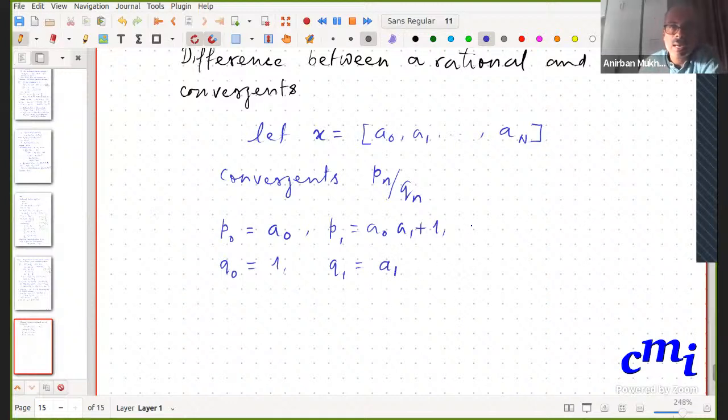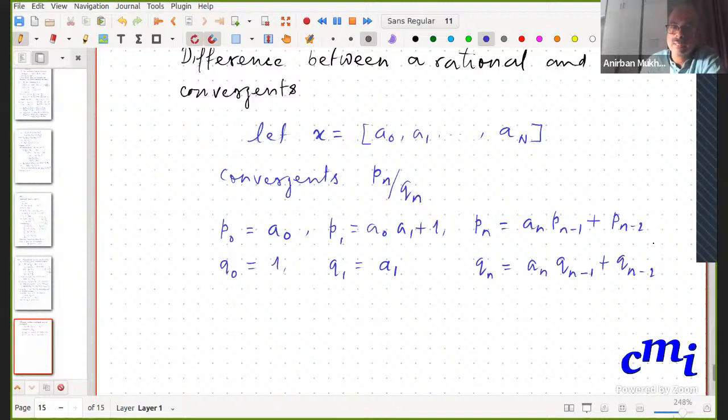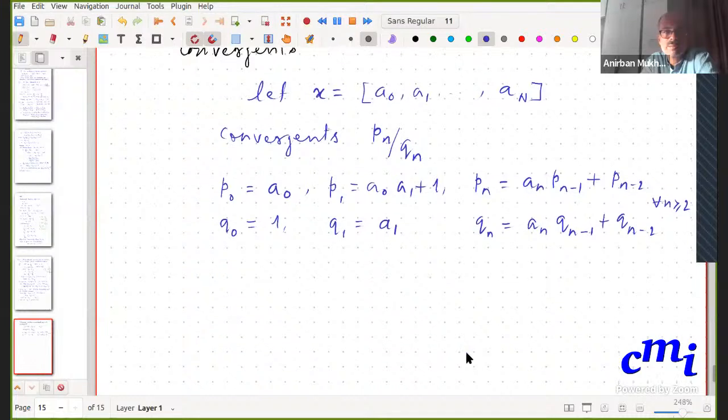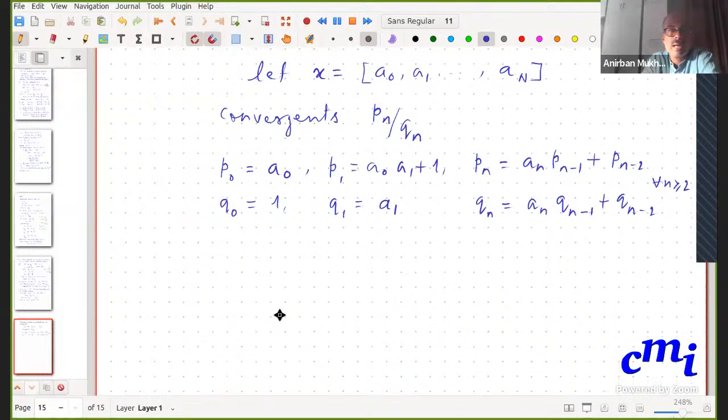Q1 was A1 and Pn is An Pn minus 1 plus Pn minus 2. Qn is equal to An Qn minus 1 plus Qn minus 2, and this works for all n greater than or equal to 2. So this we have seen. And these are the convergence.